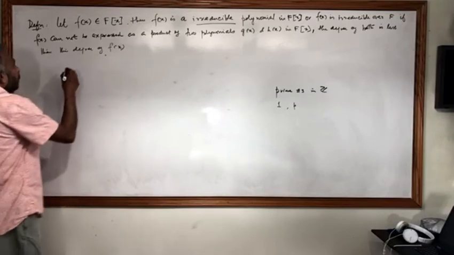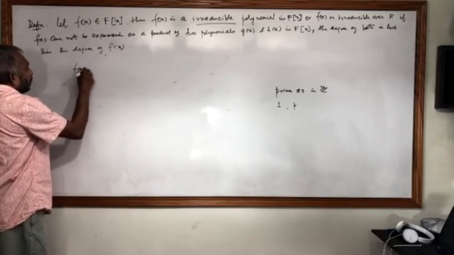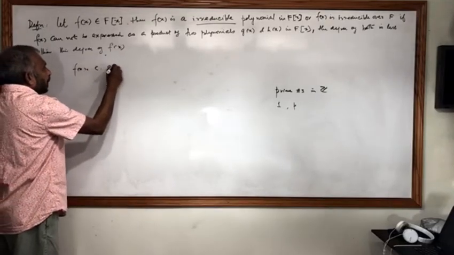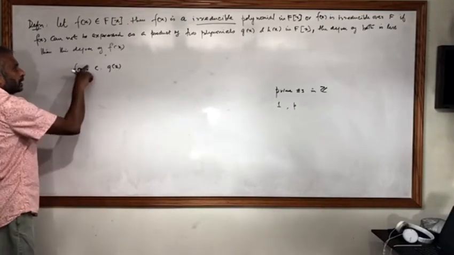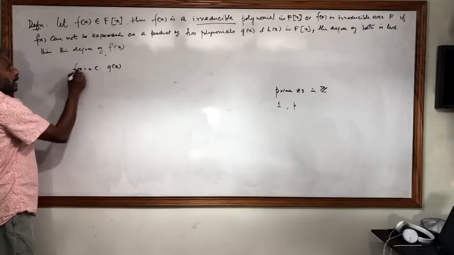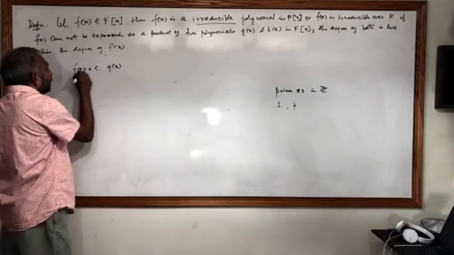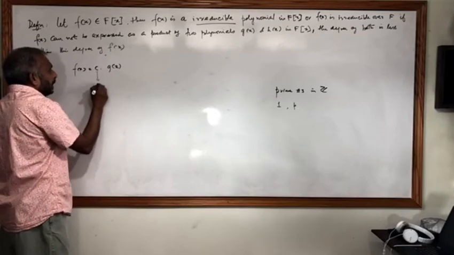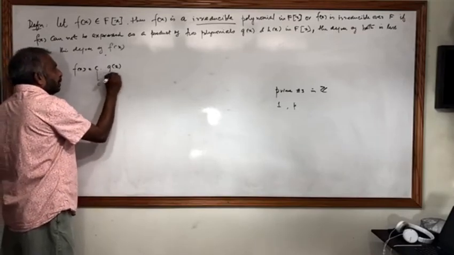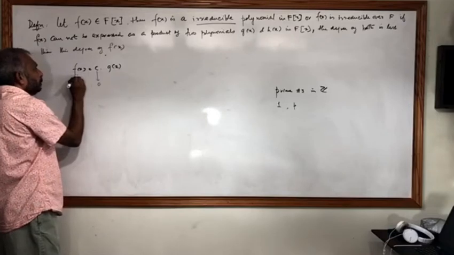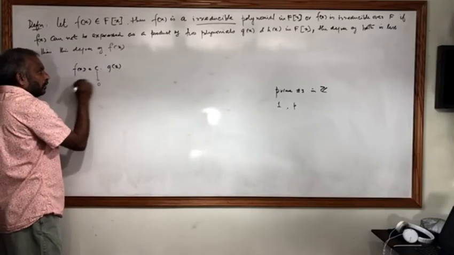So if you write f(x) is equal to some constant times g(x), this is not the condition that we are looking for, because here if this is a constant, the degree is 0, that means the degree of g(x) is same as the degree of f(x). That is not what we are looking for.